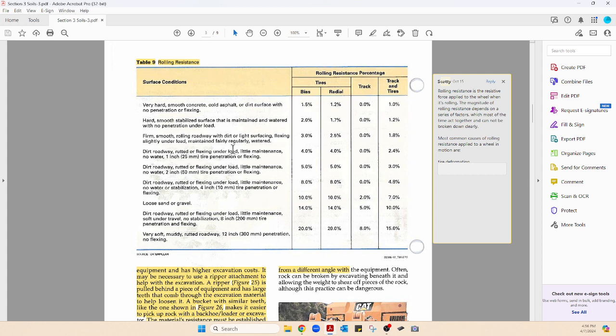Rolling resistance. If you're on very hard, smooth concrete, these are factors right here. In here, this is your resistance. I'll get to that in a minute.